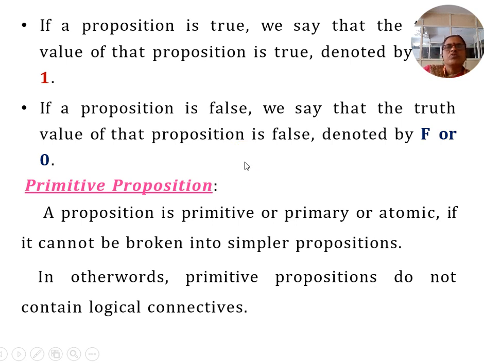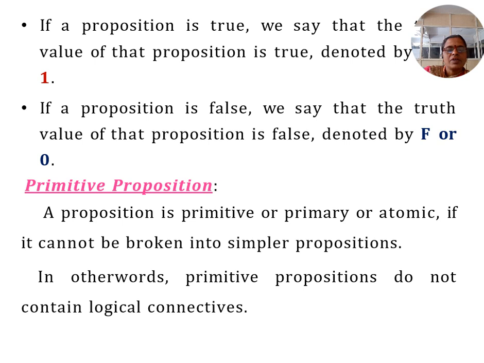If a proposition is false, we say that the truth value of that proposition is false, which is denoted by F or 0. If a proposition is true, then we say that the value of that proposition is true. It is denoted by capital T or 1. Primitive proposition: a proposition is primitive, or primary, or atomic, if it cannot be broken into simpler propositions.